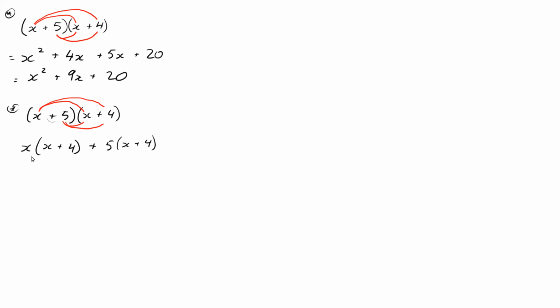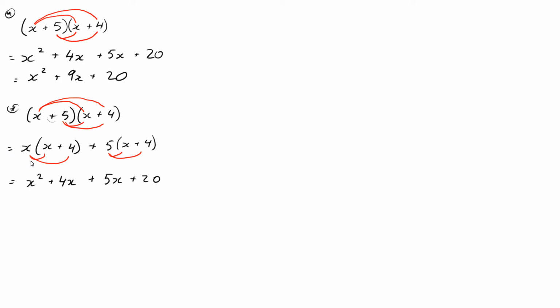So x and x, and then x and 4. Alright, so x times x gives me x squared, x times 4 gives me 4x. And then the 5 and x and 5 and 4 gives me 5x plus 20, and we've got this addition between them.